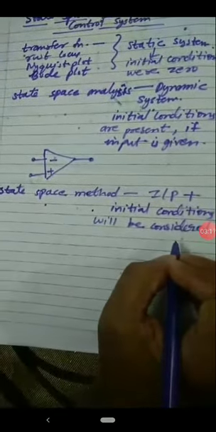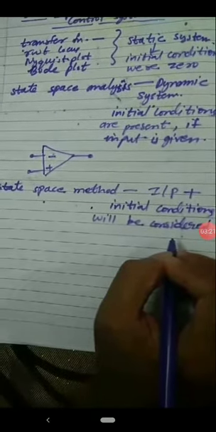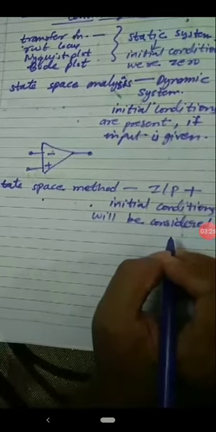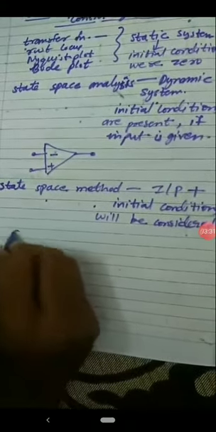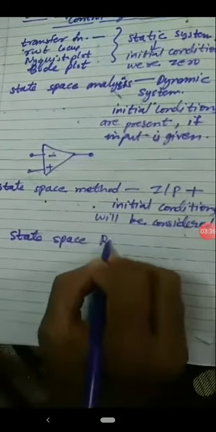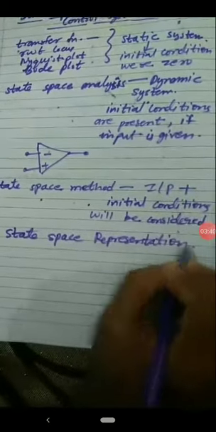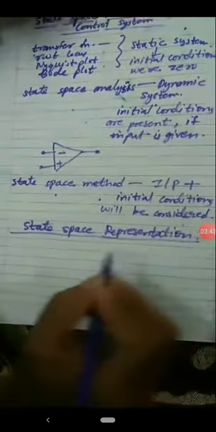But when we start state space, the initial conditions are kept zero. Slowly, once we become accustomed to this method, initial conditions will be included with input. So now I am starting state space representation: how the system can be represented in the form of state space.